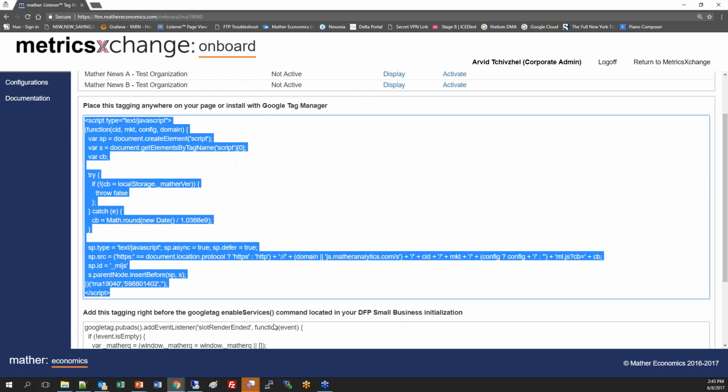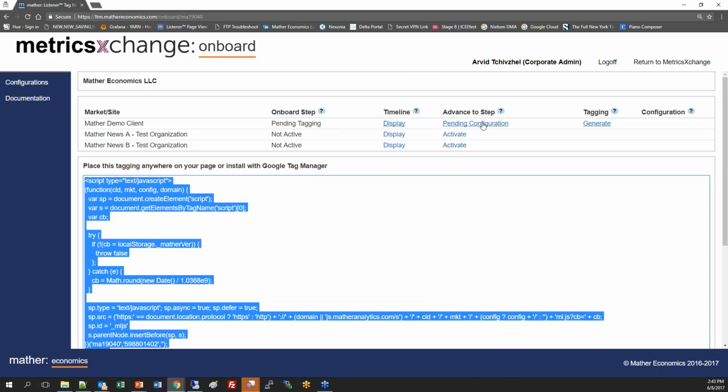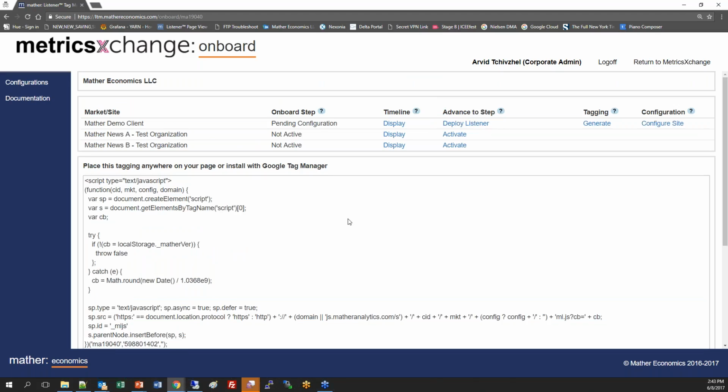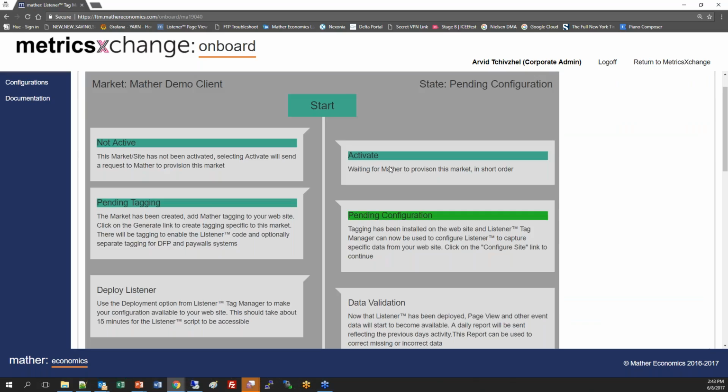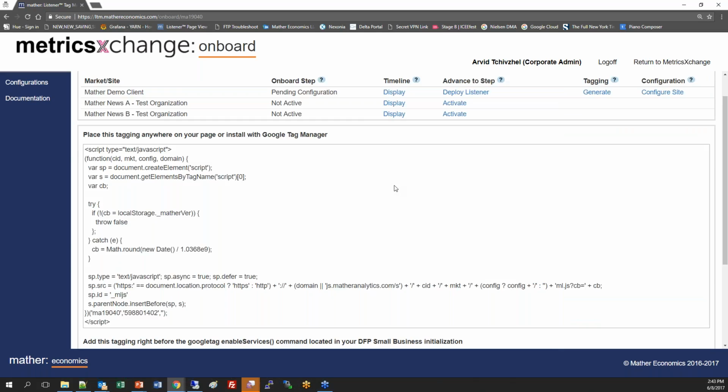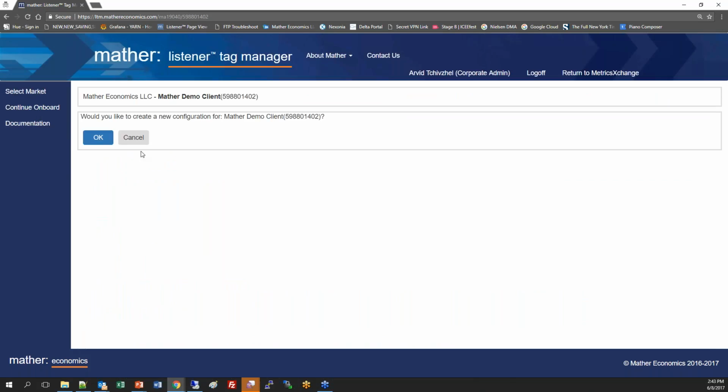That's essentially the step. So once those tags are in place on your site, you can click the next step, which is configuration. And from there, you'll see this update. You'll see you're now in the fourth step.